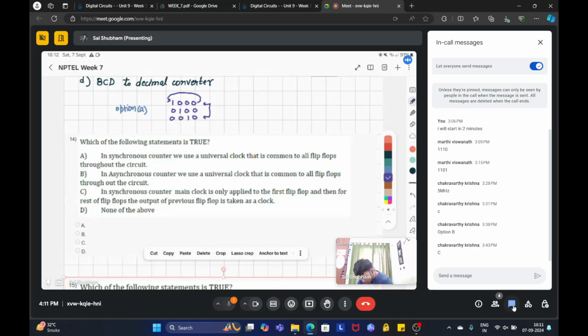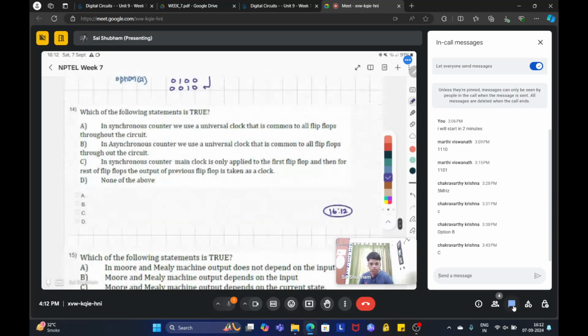And option C says, in synchronous counter, the main clock is only applied to the first flop, and then for the rest of the flops, the output of the previous flop is taken as a clock. So the correct answer is option A.